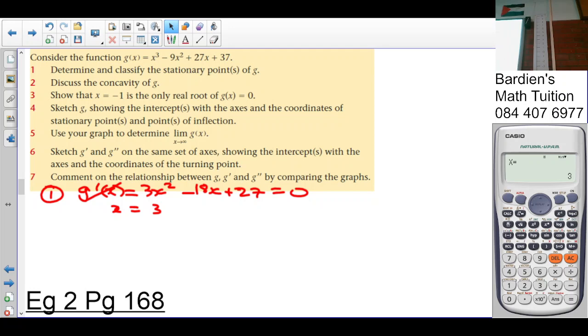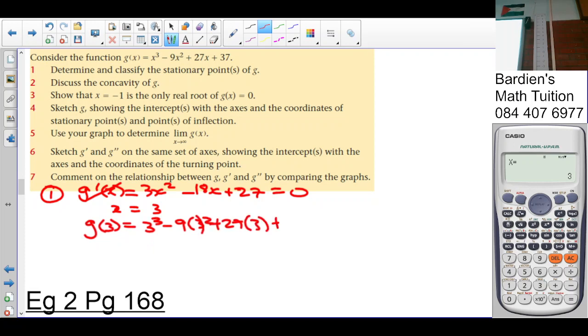So what do I do with that? How do we get the corresponding y value? Substitute it back into the original equation. So g of 3 equals 3 cubed minus 9 times 3 squared plus 27 times 3 plus 37.